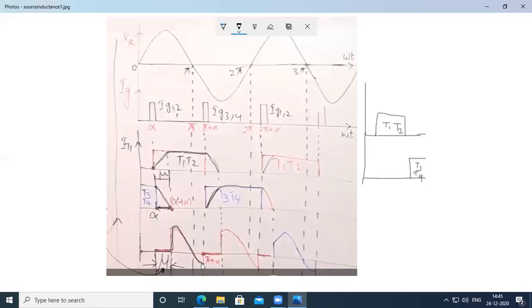After mu, we are getting the conduction, the output voltage. Then again it will keep conducting up to pi plus alpha. And from pi plus alpha to pi plus alpha plus mu, this portion, it will be off again. So this is our output voltage.